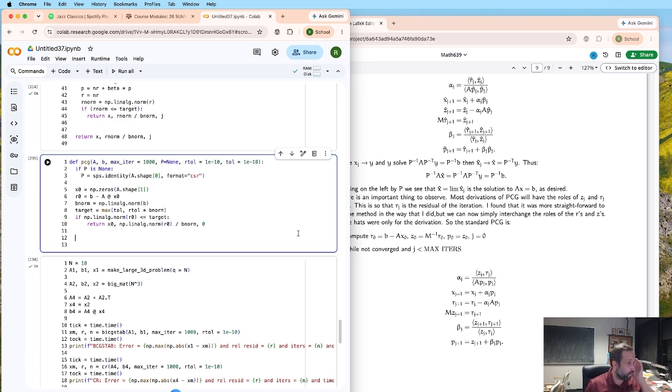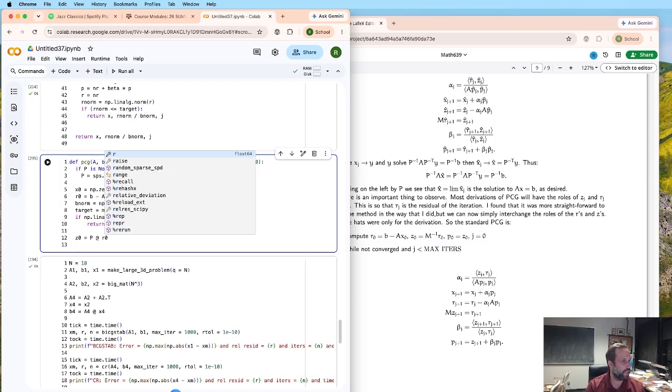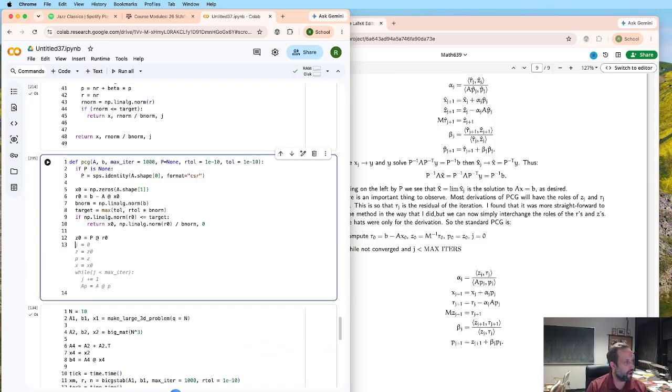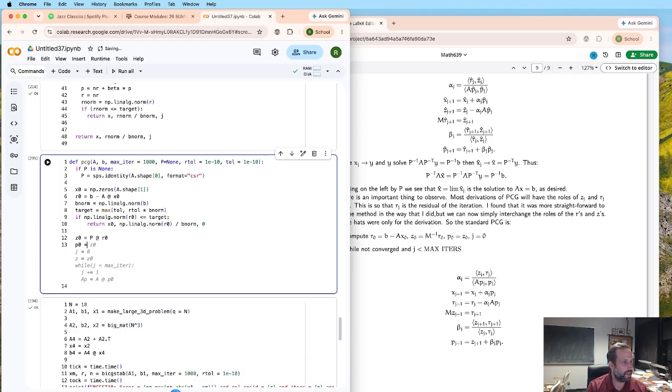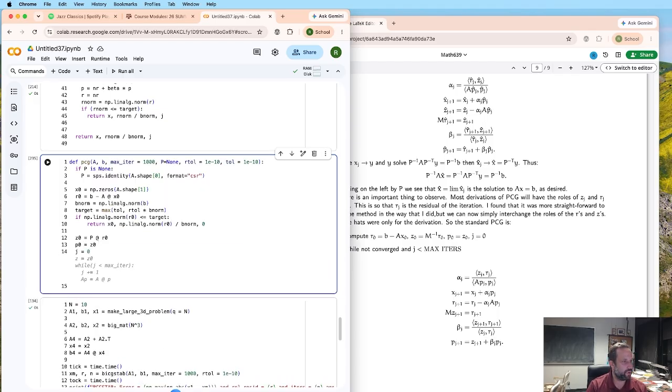We begin with r naught, which we've already computed. But now notice z naught is equal to m inverse times r naught. But m inverse is P, so it's going to be P at r naught. This is the whole linear operator thing that we're dealing with. And then p0 is going to be equal to z naught, and we're going to set j equal to 0. And now we can look at our main loop here.